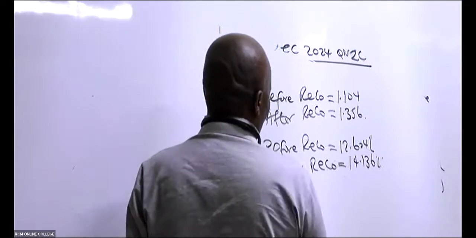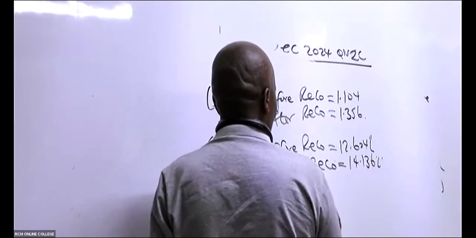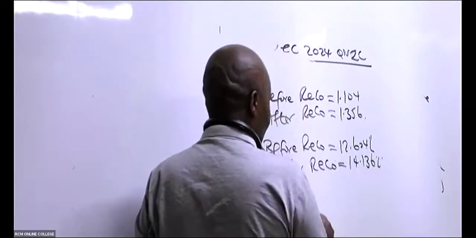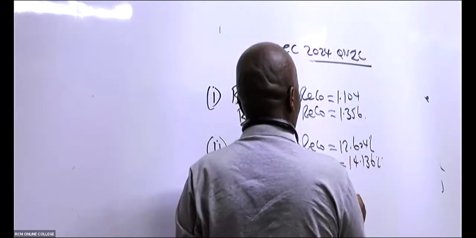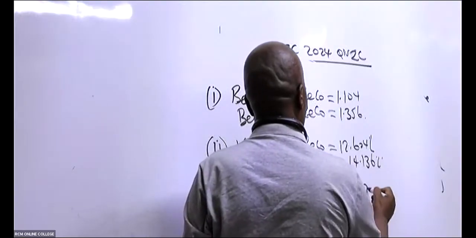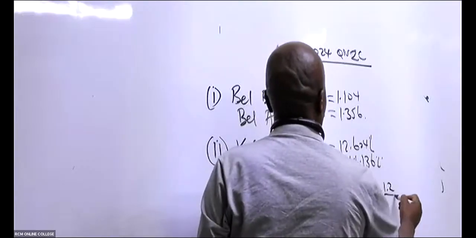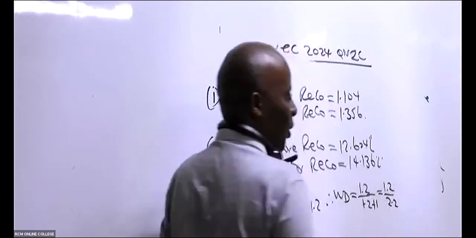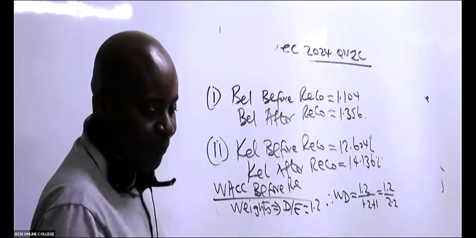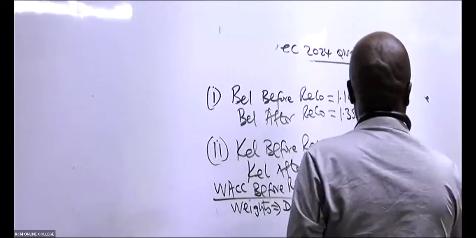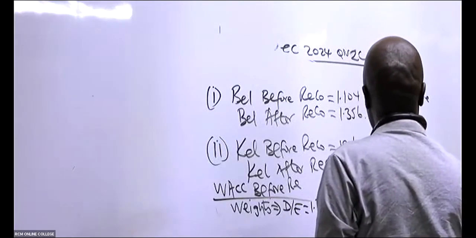So before reconstruction, have they given me debt to equity ratio? It is what here, somebody? It's 1.2, isn't it? So therefore, weight of debt will be 1.2 divided by itself plus 1, which will be 1.2 over 2.2, which gave you guys what figure? 0.5455.